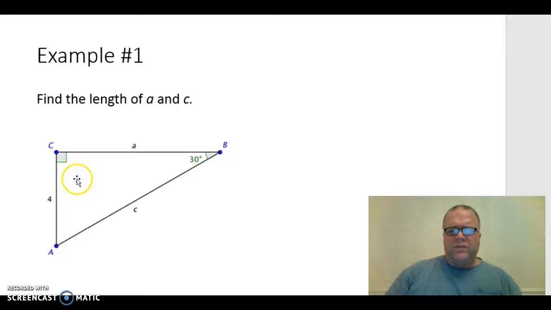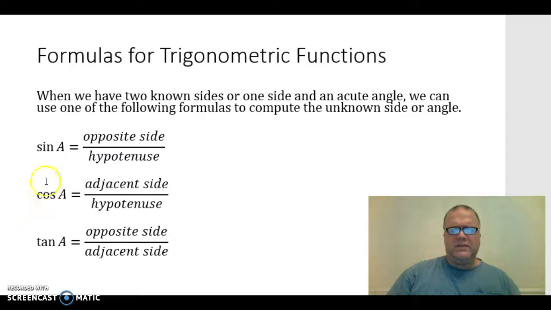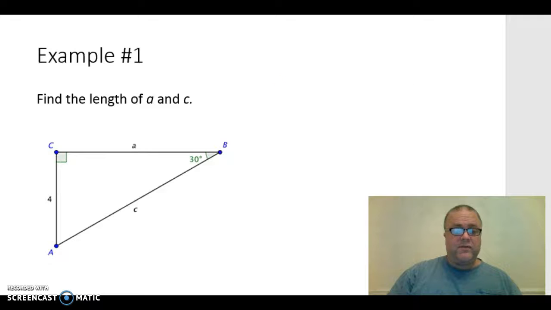Let's say I want to find A first. A is the adjacent side to B, so that would be the opposite that we have and the adjacent that we are trying to find. So which of these 3 trig functions uses both the opposite and the adjacent? Yes, that would be the tangent. So we're going to use that one to solve our problem.